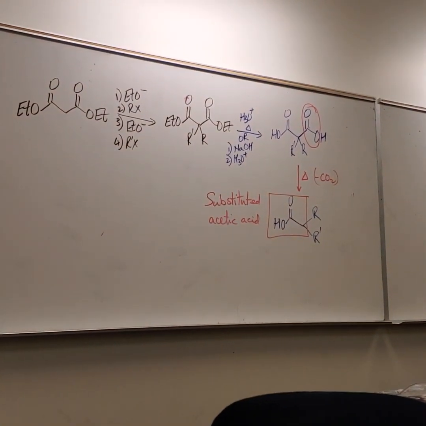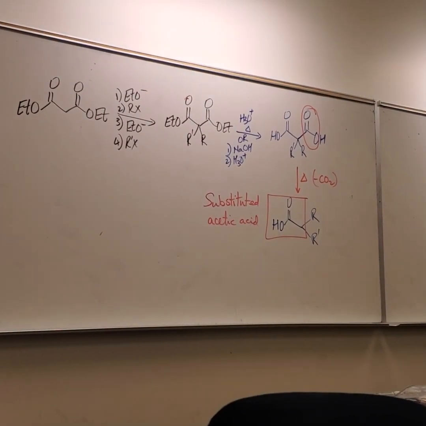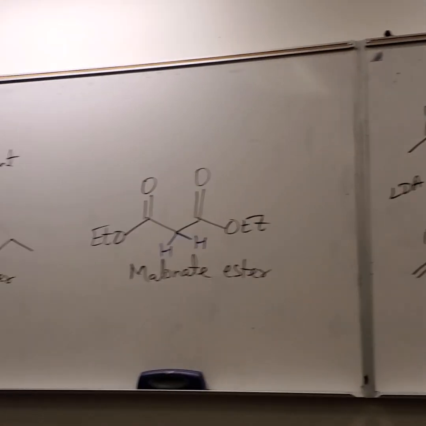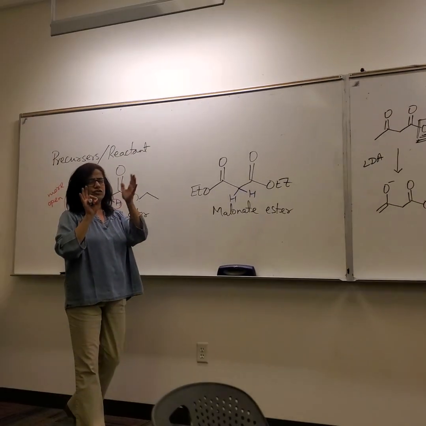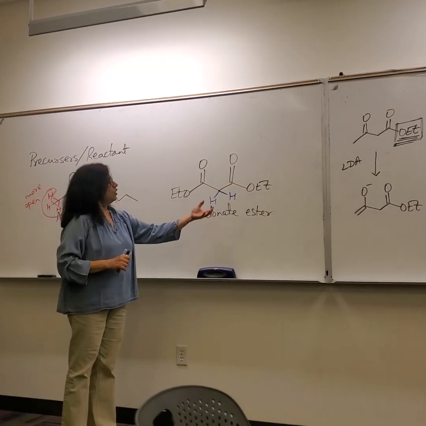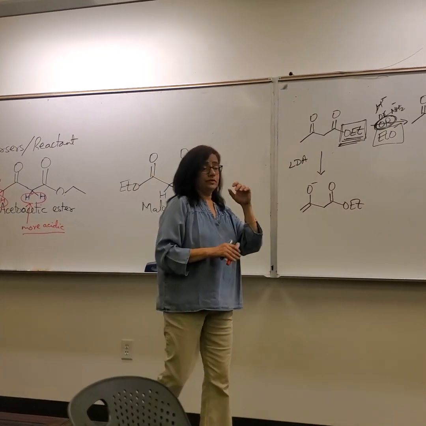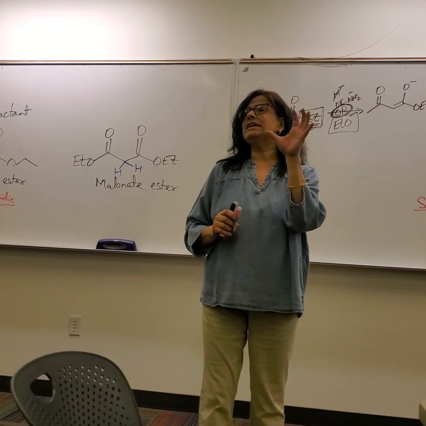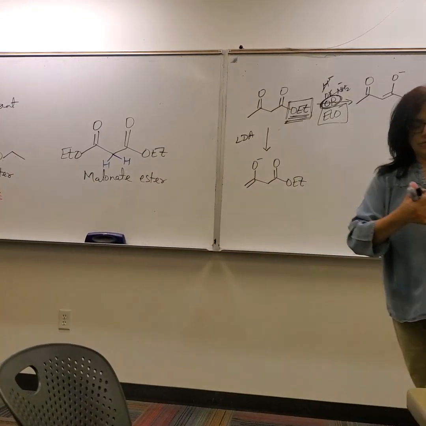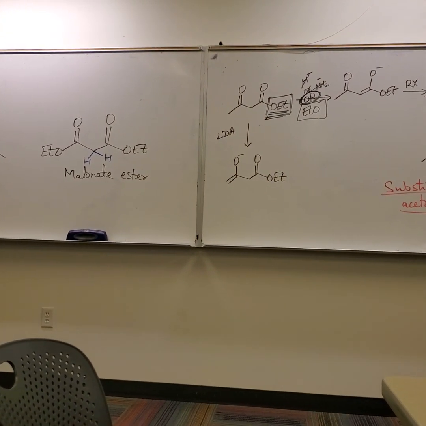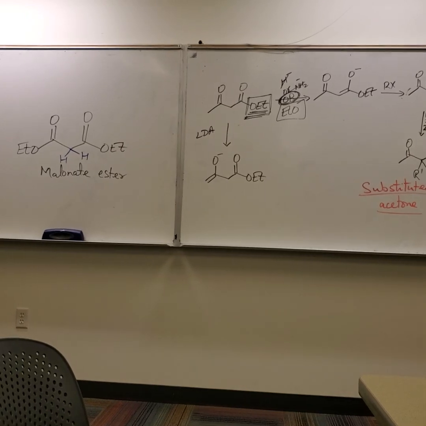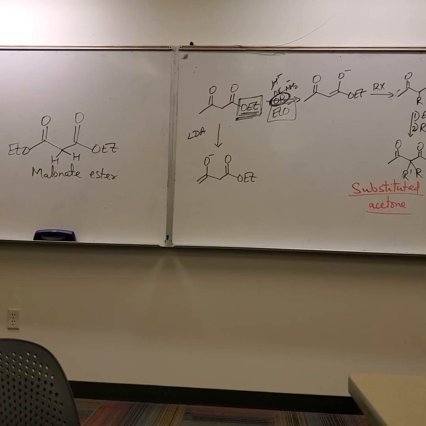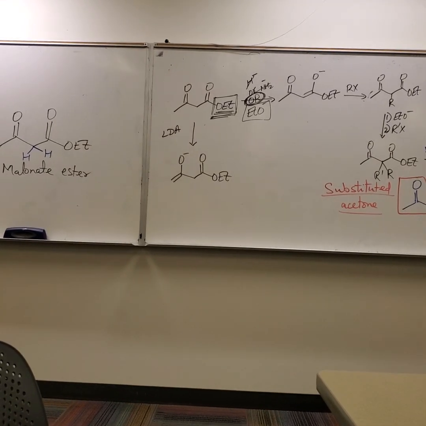So, depending on the product we need, we either start with this precursor and strategically plan out our reactions, or start with this precursor and do the same. But do we all understand the basic idea? Okay, so let's at least look at a couple of specific examples, and then we'll do more as we go through, because this is a very important topic.